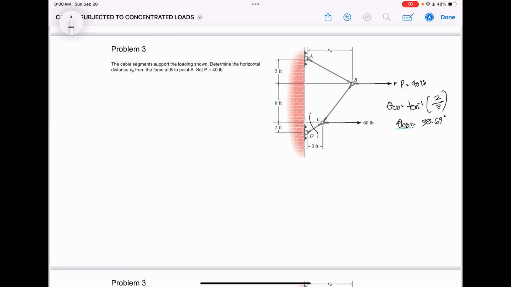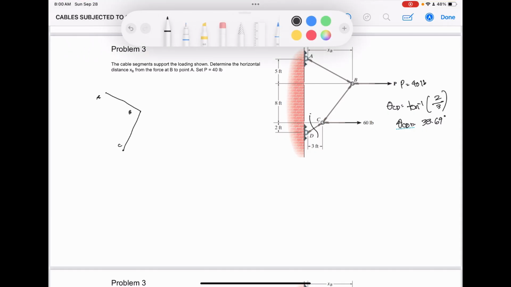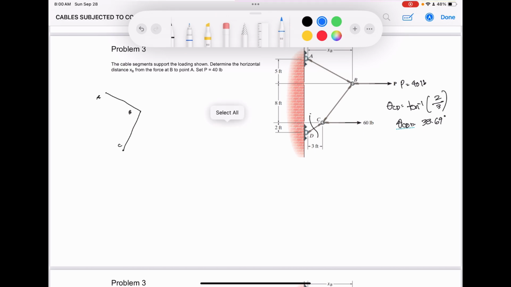Cut tayo dito. We have point A, point B, have point C. Then i-draw natin yung mga dimensions.